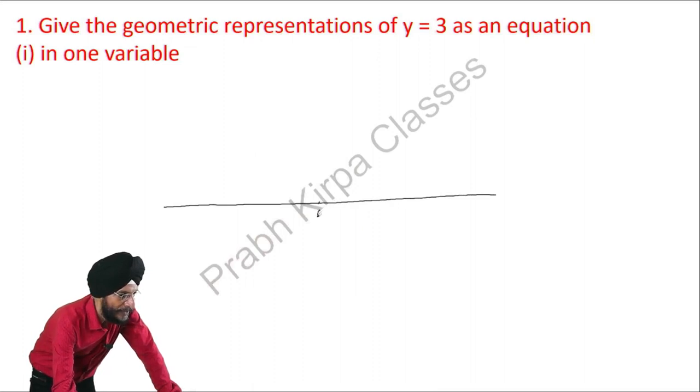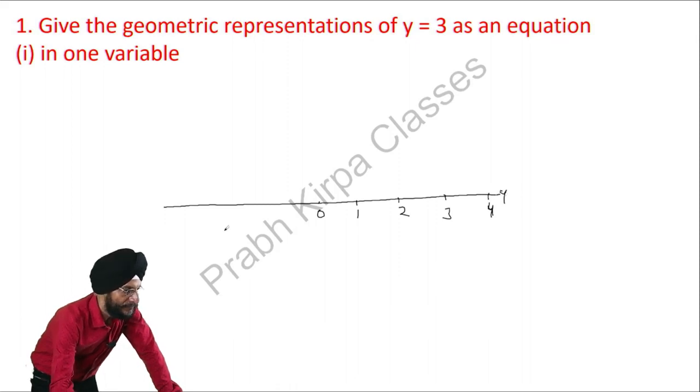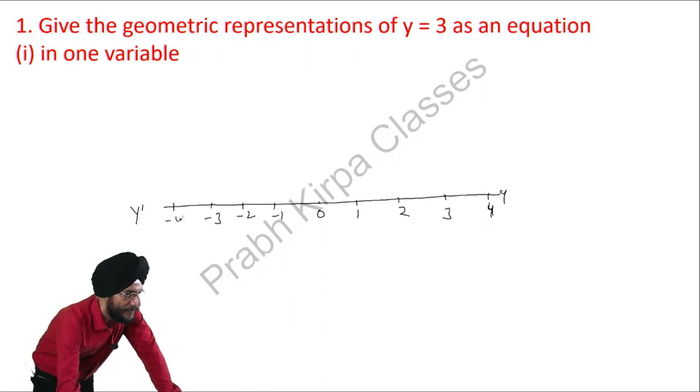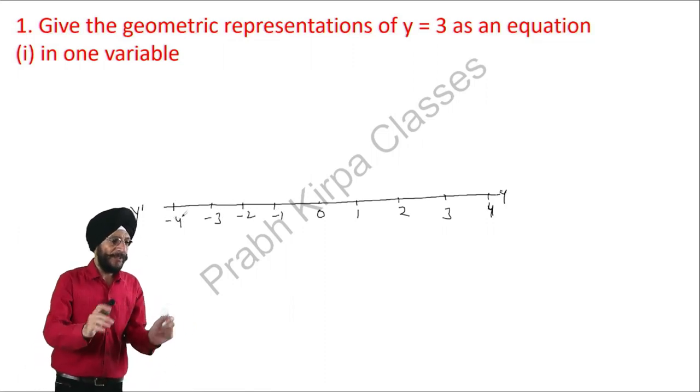Here we write it 0, here 1, here 2, it is 3, it is 4, it is y-axis, y number line. Here it is -1, -2, -3.